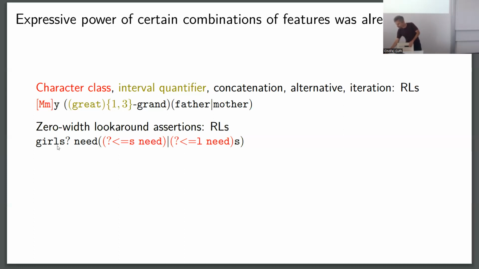So we basically want to find L need, and then there can be S, which is actually matched. So this is basically just the check for the S symbol, whether we can find it there or not. Okay, so if we extend classical regular expressions with lookaround assertions, we are still within regular languages, so they don't extend expressive power.